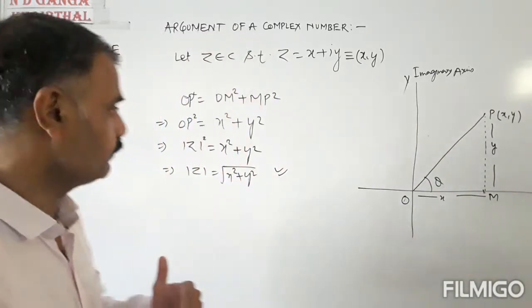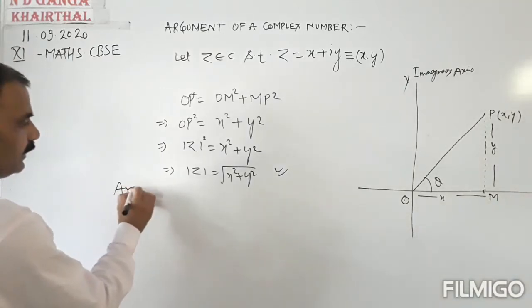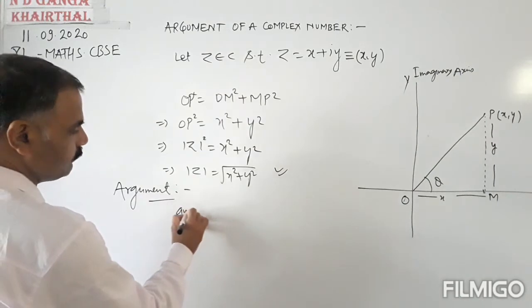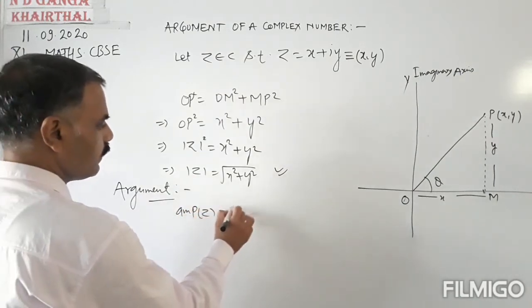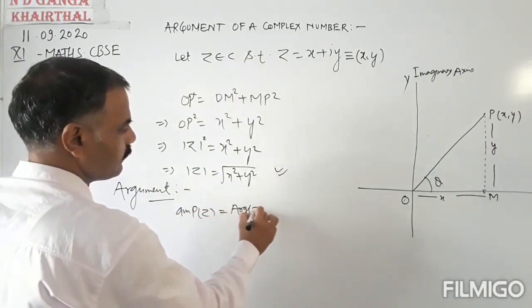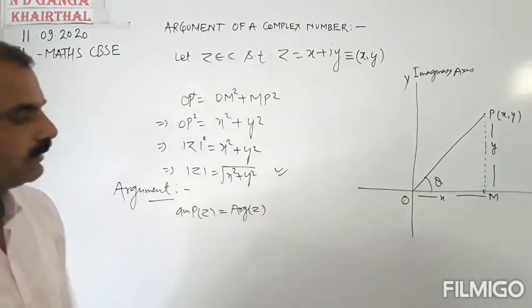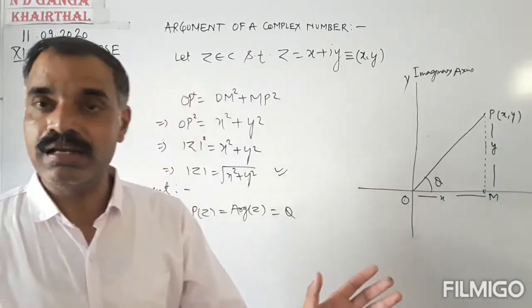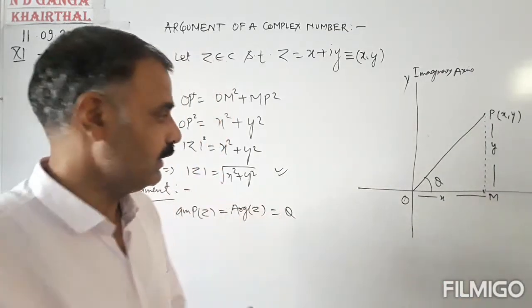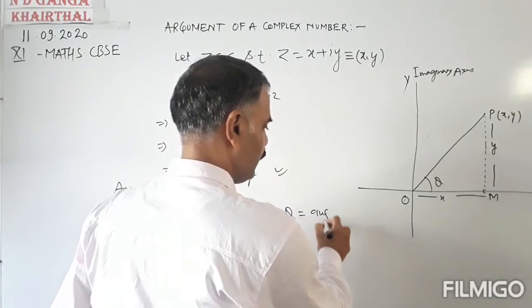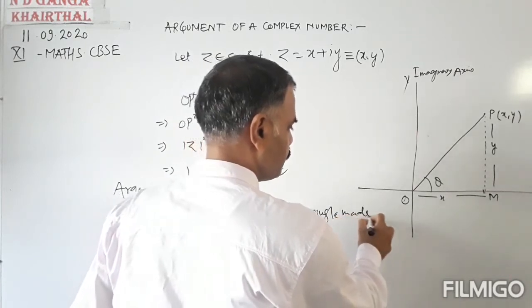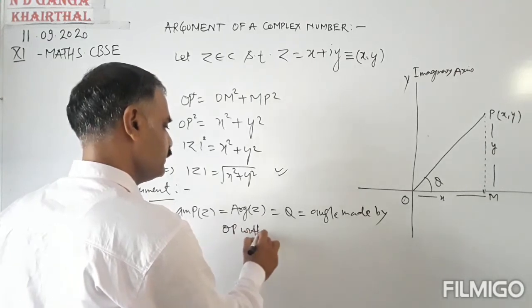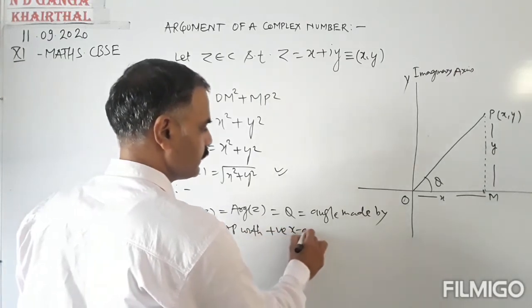It is denoted as amplitude of z or argument of z, which equals theta, the angle made by OP with the positive x-axis.